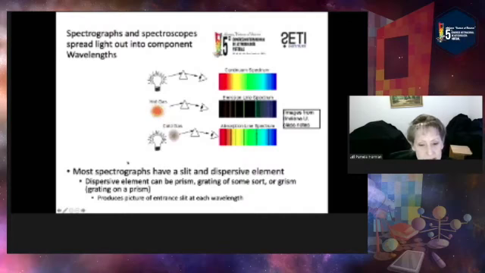So recall that spectrographs or spectroscopes have a slit at one end and a dispersive element at the other. We also often use holographic grating in the classroom. In an instrument, the element can be a prism, a grating of some sort, or a grism, which is a grating on top of a prism. So that produces a picture of the entrance slit at each wavelength.